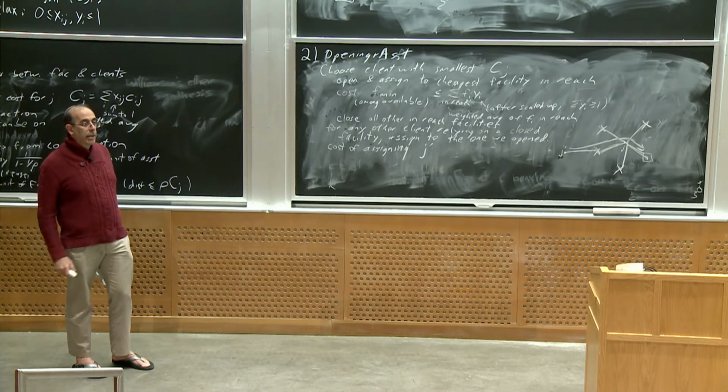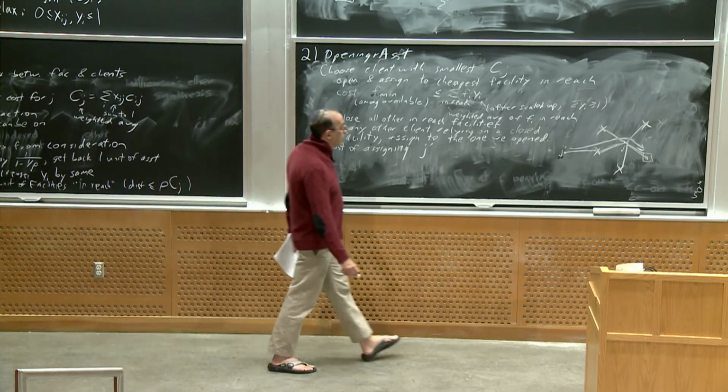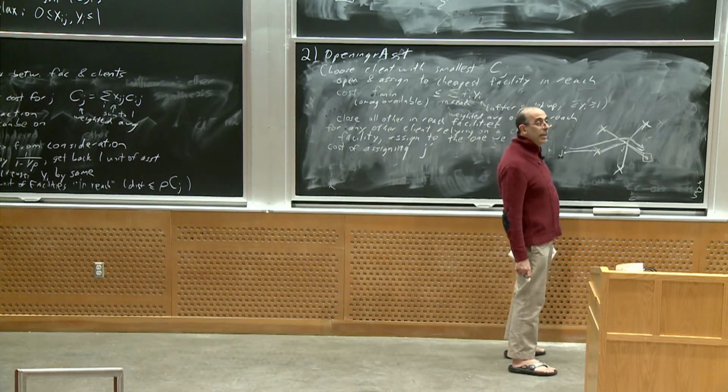It's bounded by the distance from J prime to the closed facility plus the distance from the closed facility to J, plus the distance from J to the open one.